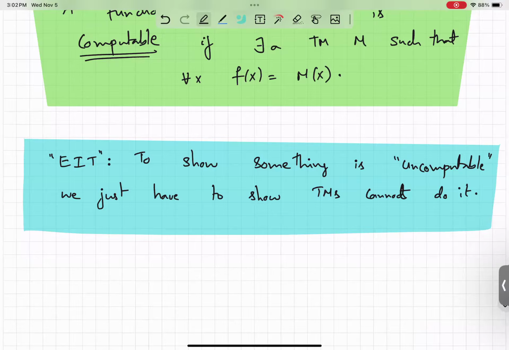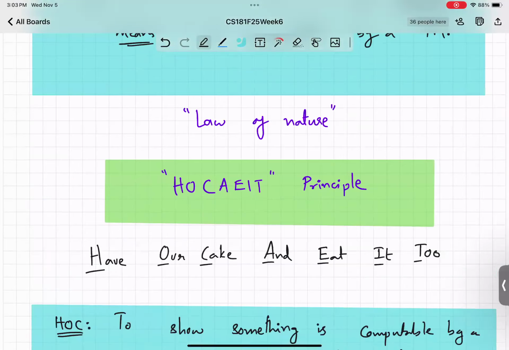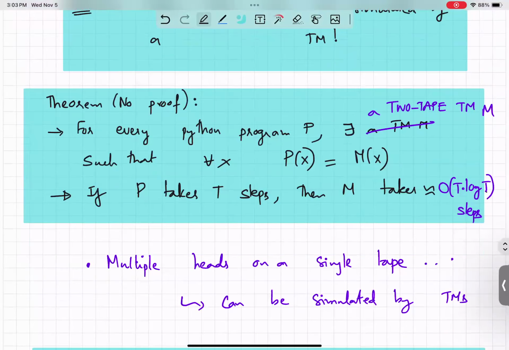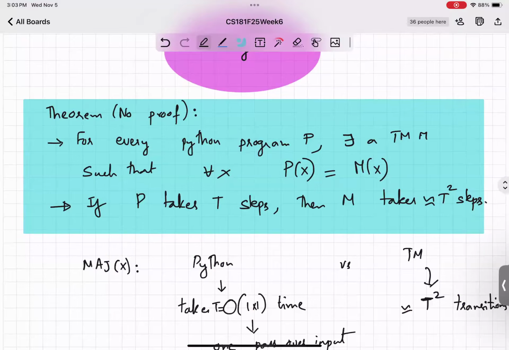So have-our-cake means, to show something is computable, I can use any powerful programming language that I want. Whereas if I want to show it is not computable, I just have to rule out Turing machines. And the heavy lifting will be done in either case by this theorem, that every Python program has an equivalent Turing machine with roughly the same cost. Any questions?